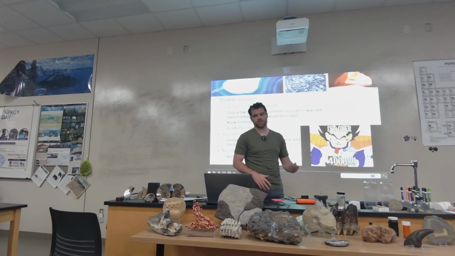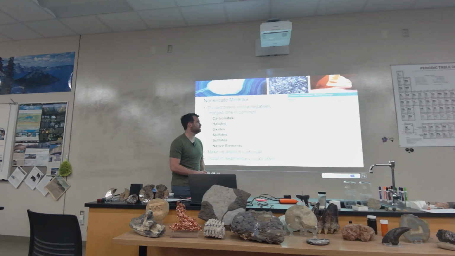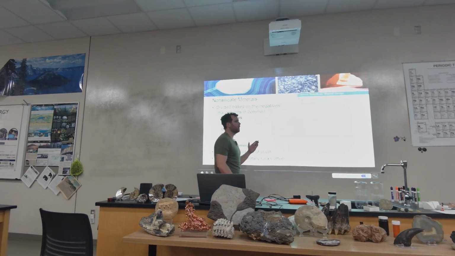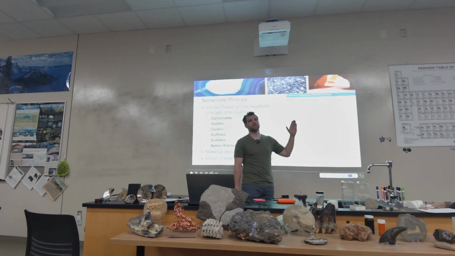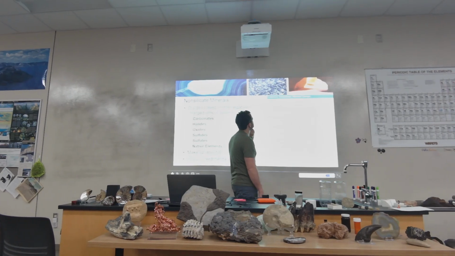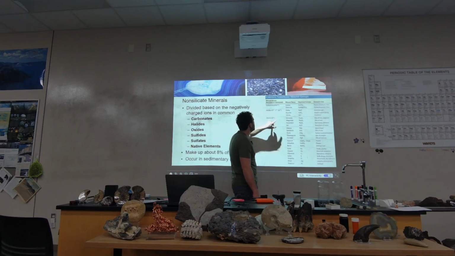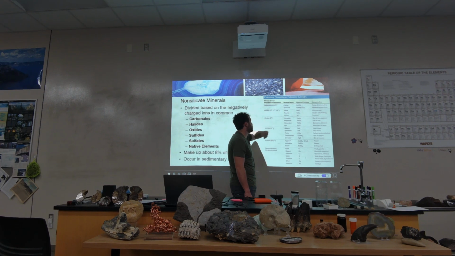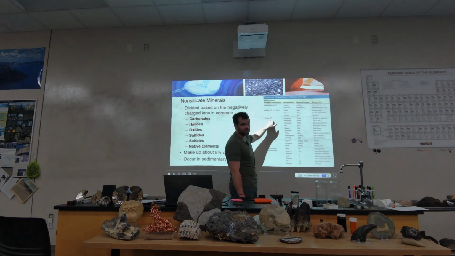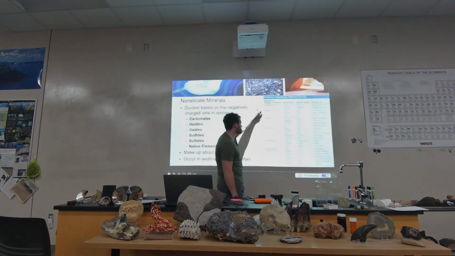Then there's your non-silicates, okay? Non-silicates are separated from each other based on the ion that they have in common with each other. So carbonates have this CO3 2 negative, right? Halides are negative ions of chlorine, fluorine, and bromine. Oxides have an O2 negative in common, right? So that's how we separate them from each other.